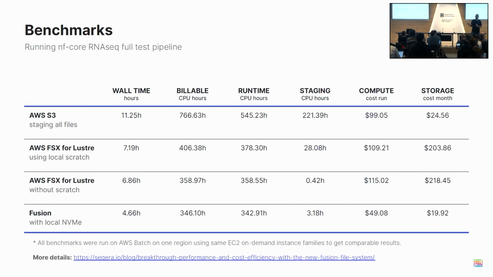But this happens also with the other file systems, because in general, with this kind of pipeline, we cannot resume in the middle of a task. We can resume at the level of each task, but we have to repeat the task also with the other file systems. So we rerun the task. Fusion also detects that and removes any partial file, but we cannot do more because we don't control the exact tool running in that task. This applies not only to Fusion but also to the rest of the file systems.